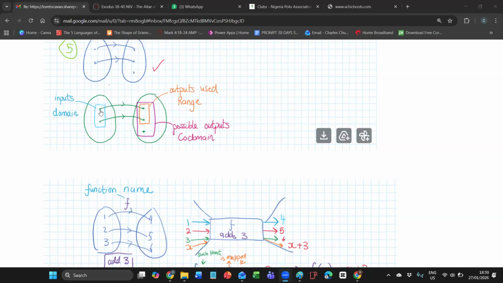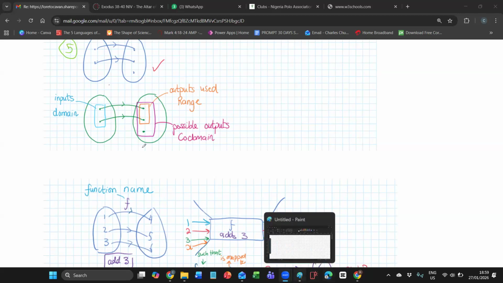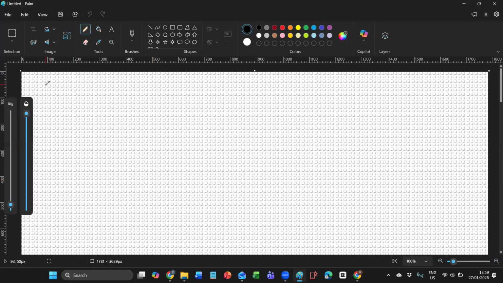Then you can say that the first natural number being 1, by the time it goes into the function x over 2, the number that comes out on the left-hand side is what? 0.5. Now, please follow me on the left-hand side. I'm not talking about this diagram. I'm talking about, maybe I should do a bit of illustration here.